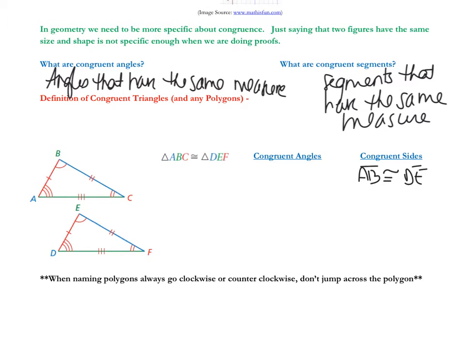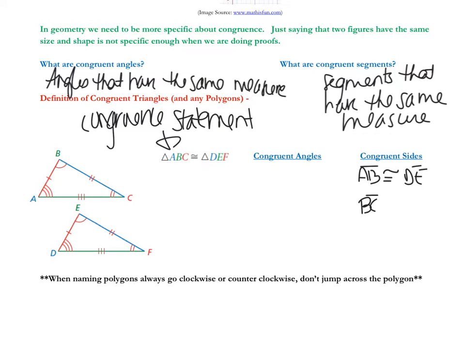You can look at a figure, or at what is known as the congruent statement, and from the congruent statement you can also see where the order matters. Let's say I want to do two arcs. B to C, green to red, so I have to go green to red here. So BC is congruent to EF.